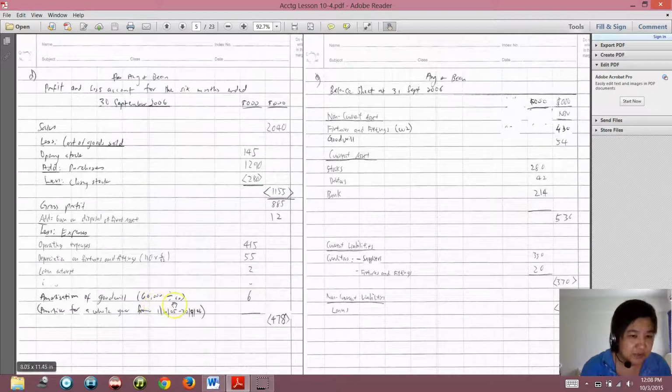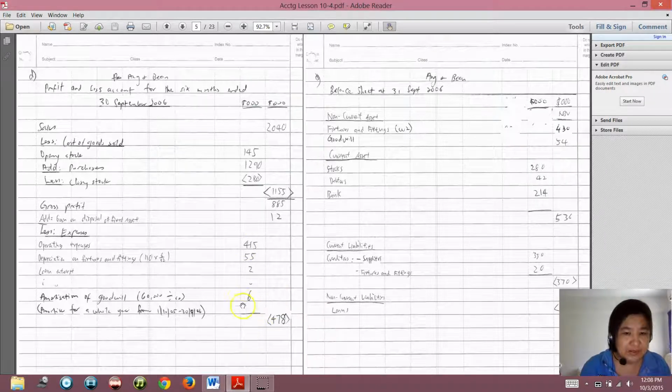They are saying goodwill should be amortized in 10 equal installments at the end of each accounting period. So I just take 60,000 divided by 10, because this is the first joint partnership account that they are doing. Previously for the 31st March 2006, they did not do a partnership account. So that's why I'm taking the goodwill for the whole year.